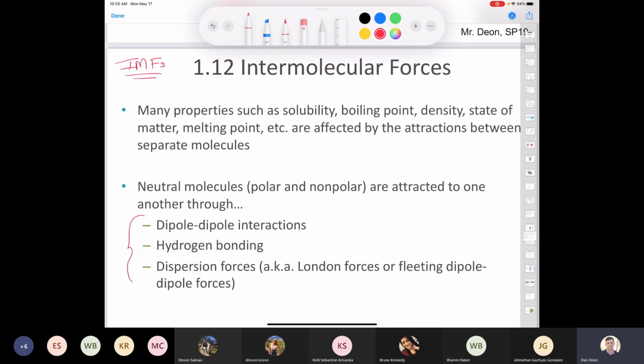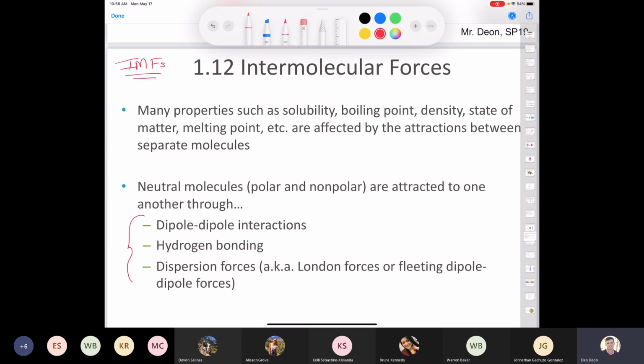But the reason intermolecular forces are so important is because physical properties like solubility, boiling points, melting points, densities, refractive indices, which is something that you probably haven't learned yet, are all a result of the forces of attraction between molecules.